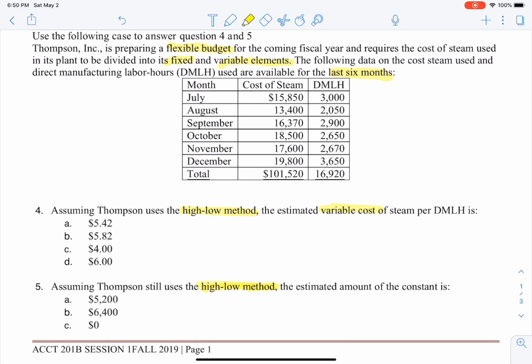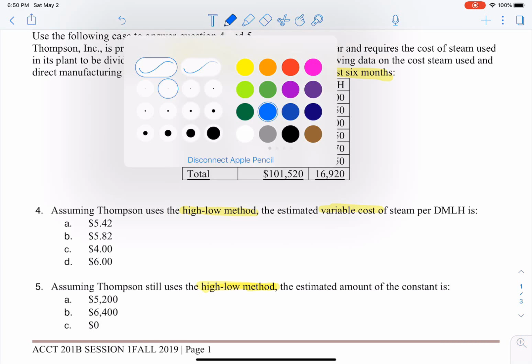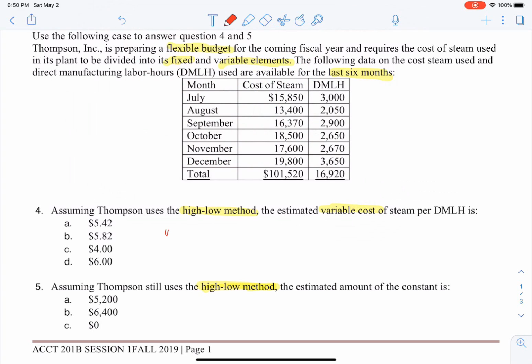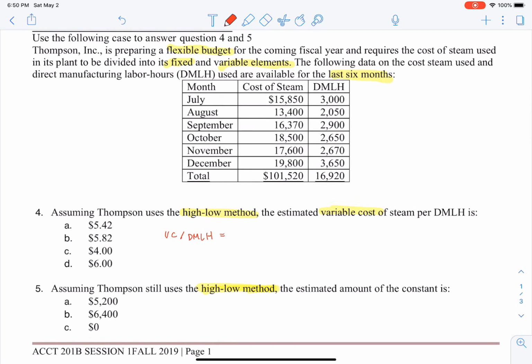With this one, we need to use the formula: the variable cost per DMLH, the direct manufacturing labor hour, is going to be the high cost subtract our low cost, over the high hours subtract our low hours.